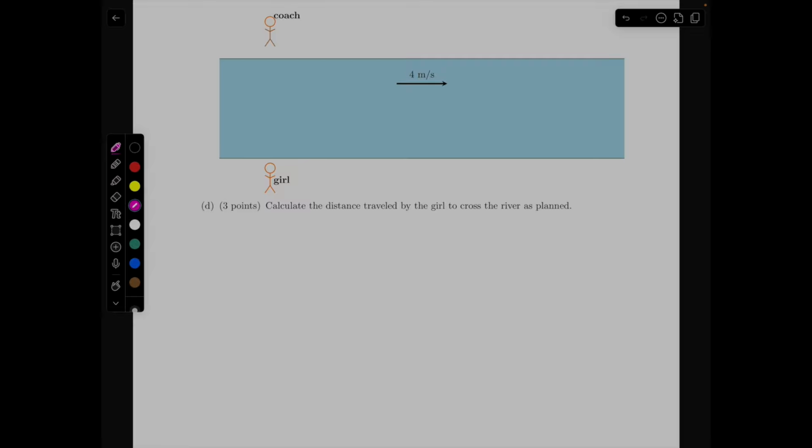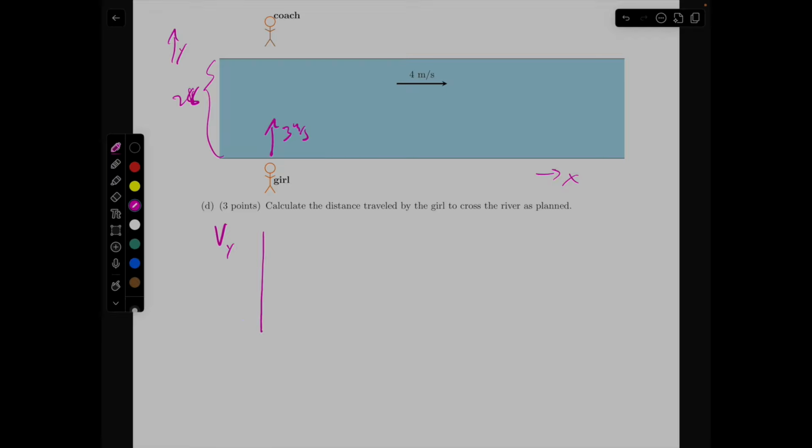Well, remember, let's pretend that there is no current in the water just for a second. If you look at her velocity vector, she's moving at 3 meters per second, and we know that she's going to cross 28 meters. The sideways current has nothing to do with how fast she gets across. She's still going to move across at the same rate. So I guess we'll call this the Y direction, and we'll call this the X direction, just so we can talk about it. Vy in this case is constant.